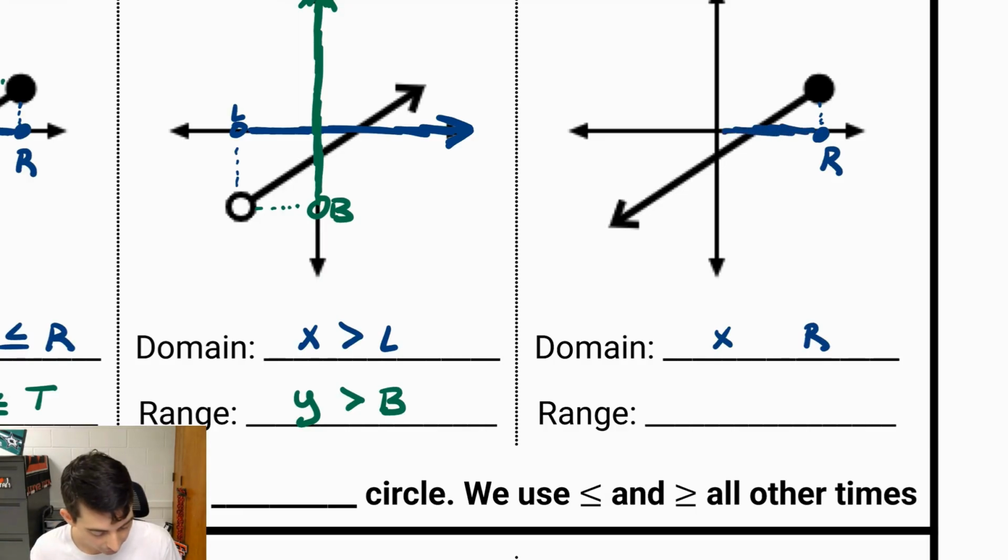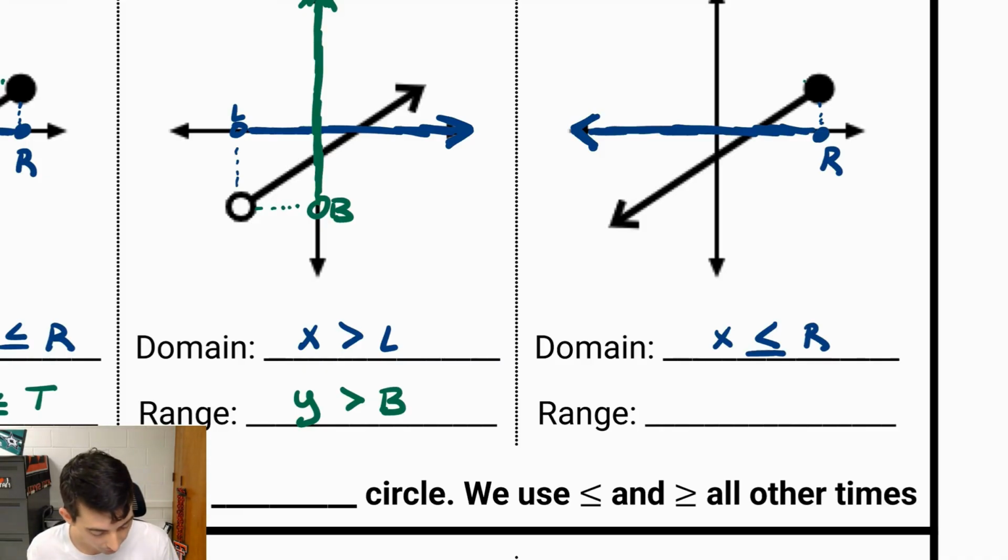I see that the graph is going this way forever. And since we're going to the left, all of those x values are smaller than my rightmost value. So that means R would be the bigger snack. So the alligator mouth, the inequality opens that direction. Since we have a closed circle, we're going to put the line underneath that inequality.